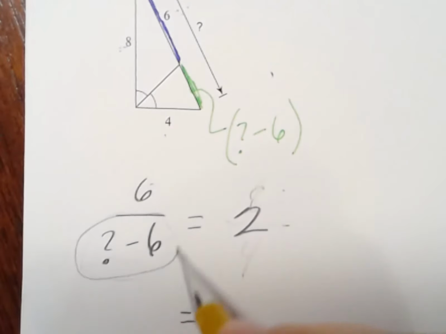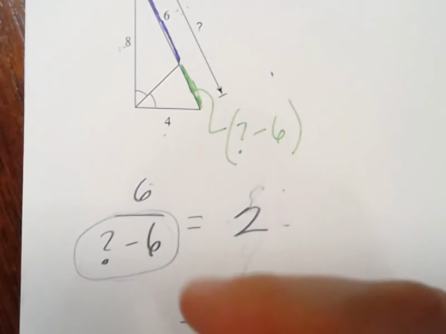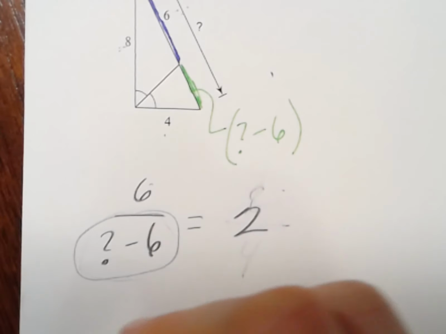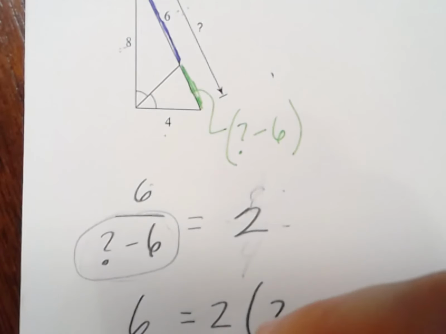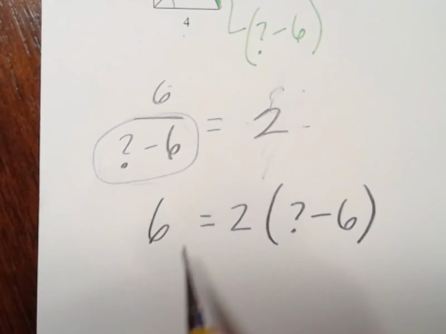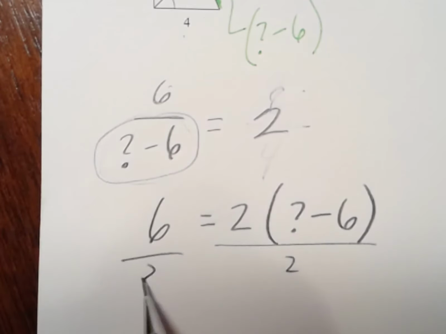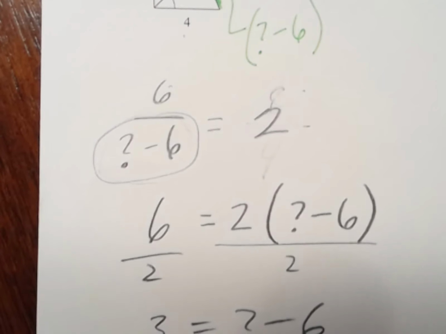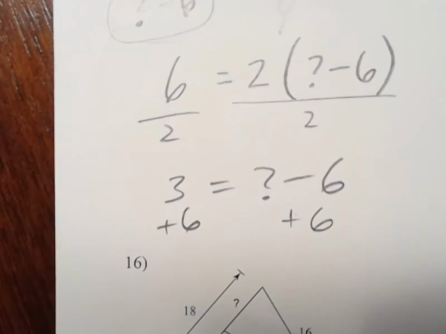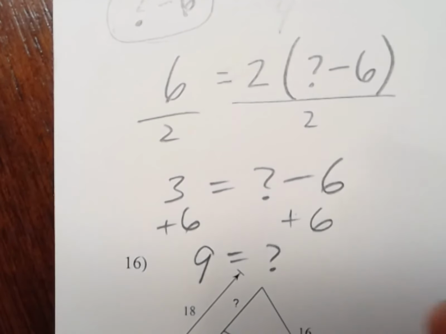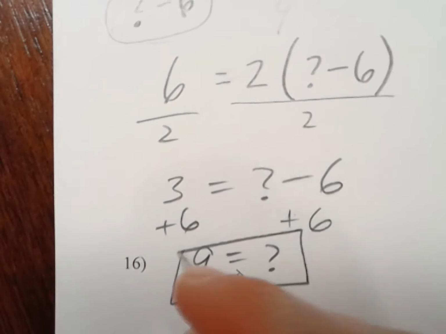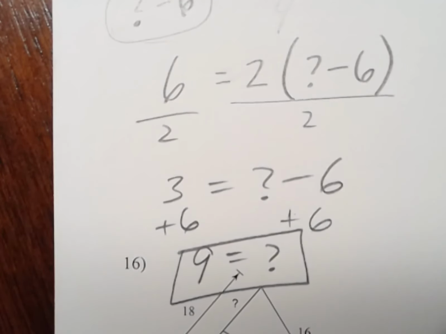So if we multiply this up, then we'll have 6 equals 2 times question mark minus 6, right? And dividing the 2 across, I'm going to have 3 equals question mark minus 6, and then adding 6 to both sides gives me 9 equals question mark. So there's my question mark right there.